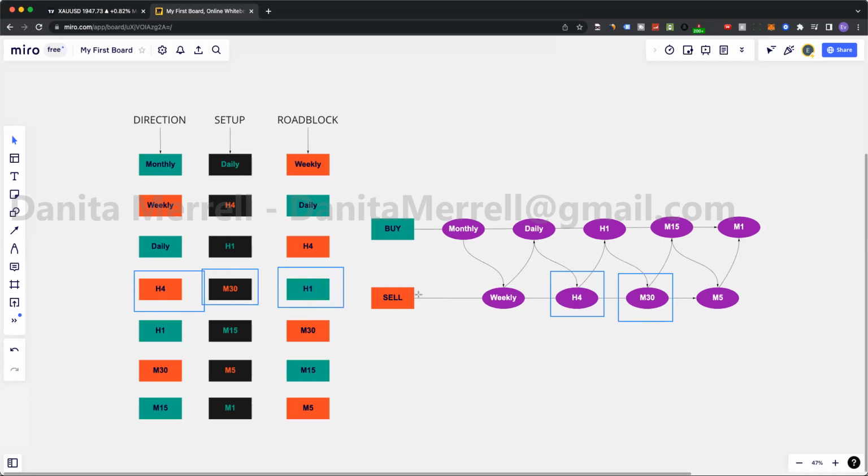I have to break the H1 roadblock in order to get to my daily, because we're on H4, M30, roadblock in H1. We know for H4 to get to daily, we need to break H1.